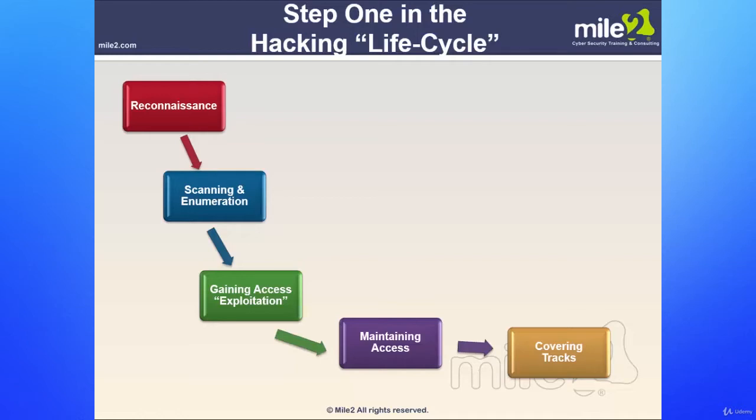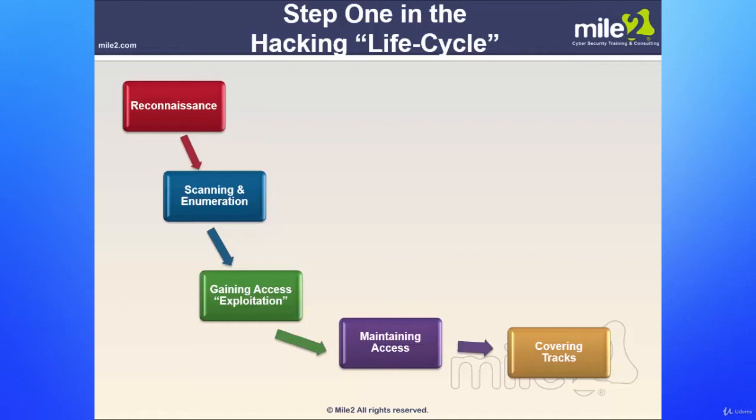This is where we use tools like Nmap and do a little scan on our network or on the subnet, which would then allow us to see what machines are actually alive. And then from there we can enumerate and try to grab additional information off of those remote machines that we just identified as being alive or on the network.